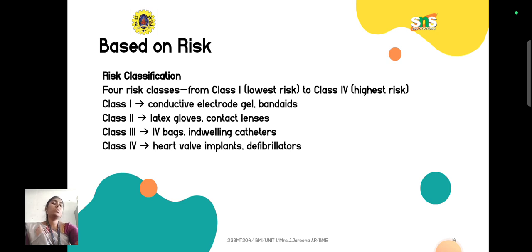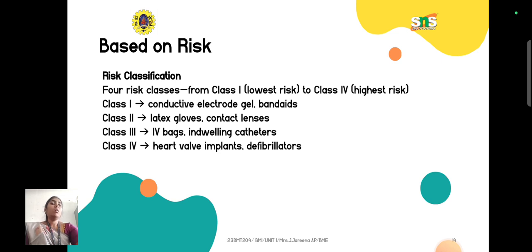If something goes wrong in this category, it will impose some kind of side effects inside the body. It will totally change the structure and functionality of the particular targeted area. That's why these types of things are placed in class 3. And class 4 is the highest risk priority, because if this type of device or instrument goes wrong, it will totally affect the patient.